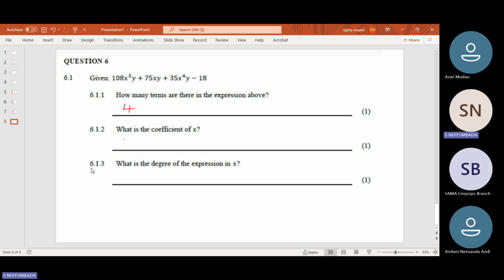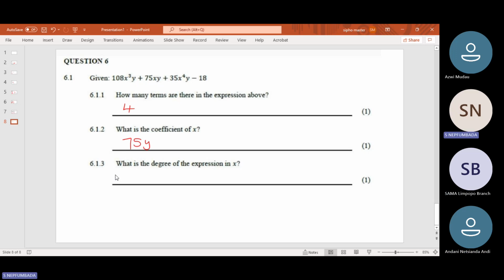Did you get it? What remains with x is left with 75y. Sorry, we're left with 75y.